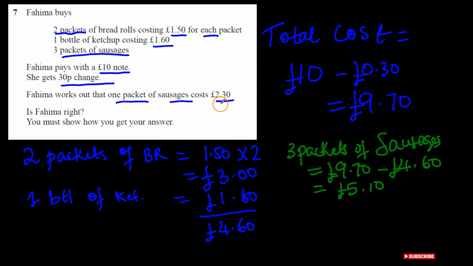Now let's see if Fahima thinks that the 1 packet of sausage is £2.30. That means 3 packets of sausages would be £2.30 times 3.